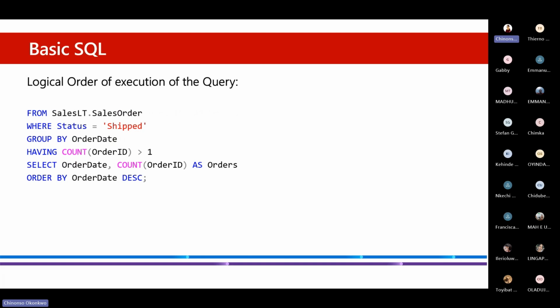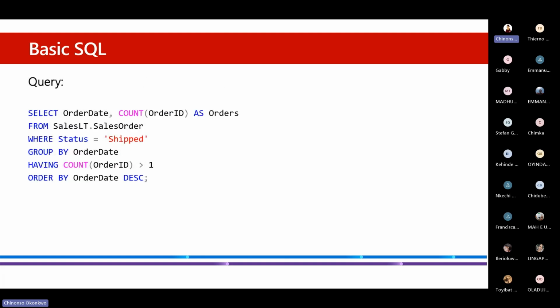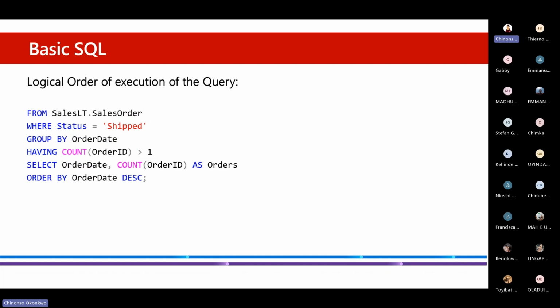So let's go back. You see, we have select, from, where, group by, having, and order by. But when we move next, you see that this is the order of execution. The order we write our query is not the same order it is executed.